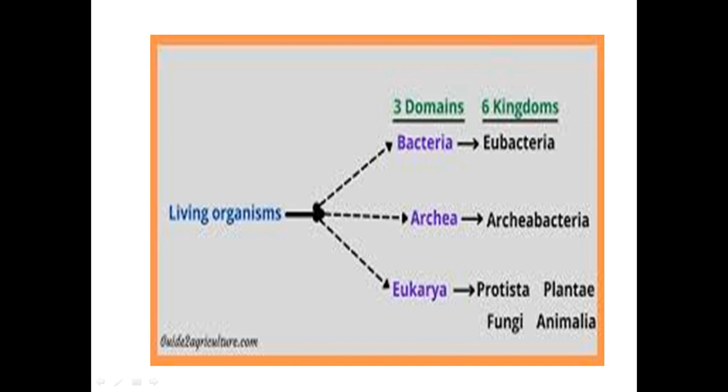In that case, we can have 5 kingdoms, where the eubacteria and the archaebacteria are collectively called prokaryotes, then protista, plantae, fungi, and animalia. So we can have 5 kingdoms when bacteria and archaebacteria are put as one, as prokaryotes or monera, and 6 when the monera or prokaryotes are split as eubacteria and archaebacteria.